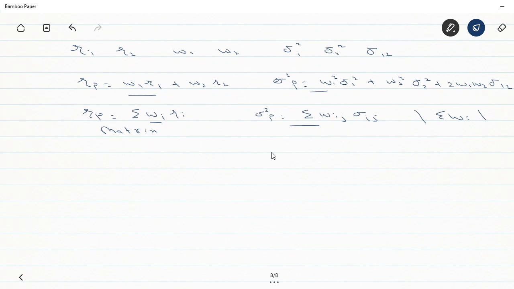So we develop a Lagrange multiplier. The equation for this Lagrangian would be summation Wi Wj sigma ij plus some lambda times summation Wi Ri minus Rp, minus some other, mu, another Lagrange multiplier, times summation W minus 1.